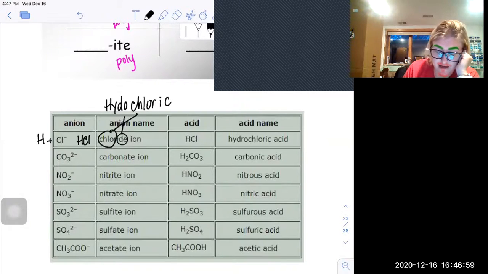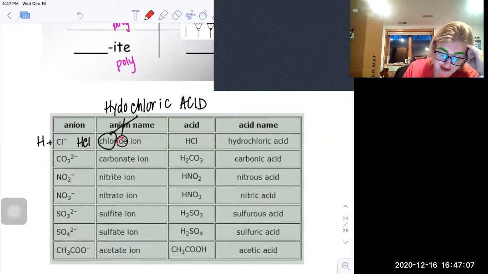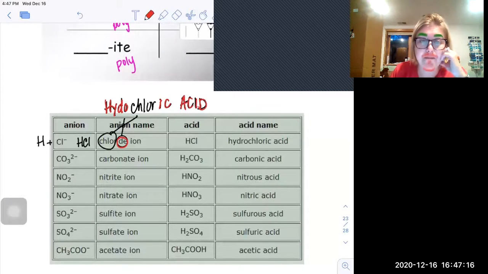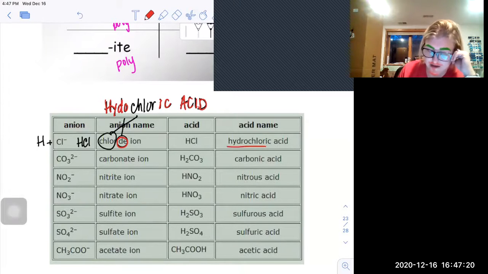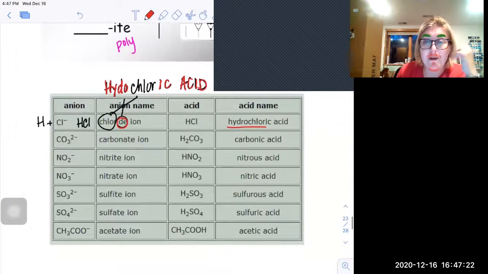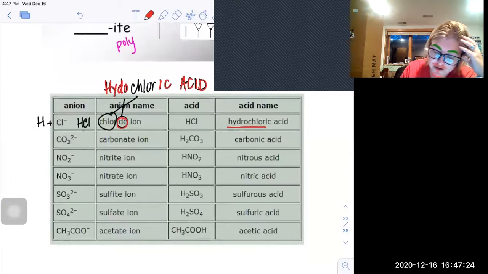Then we have the IC ending that it changes to, and then acid. Let's color code this. Because it had the IDE ending, you have hydro, ic, and acid. But that's when it starts with H, as you can see here.